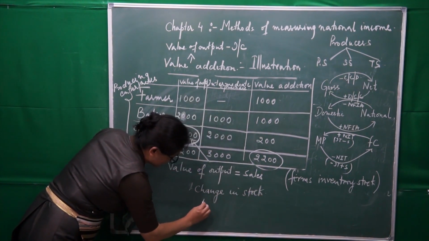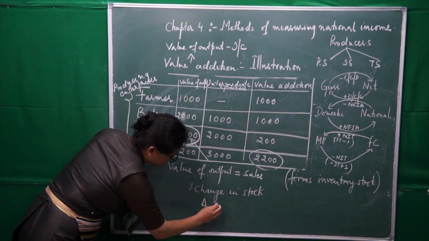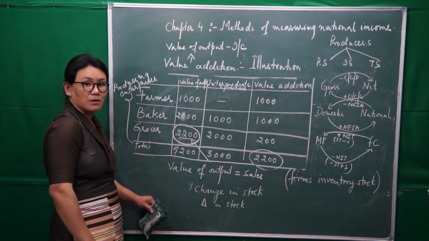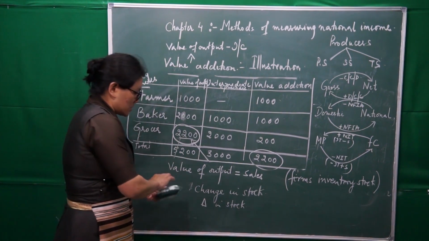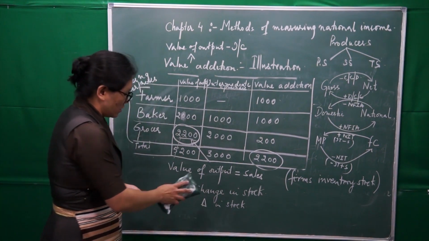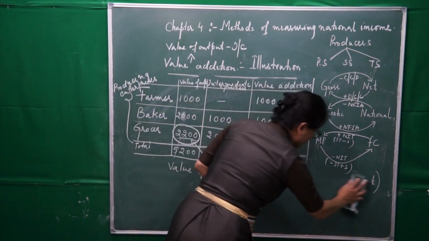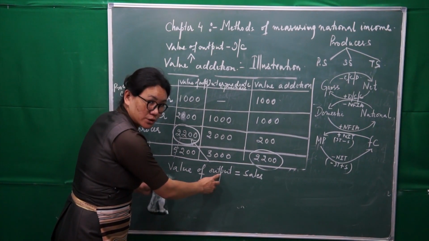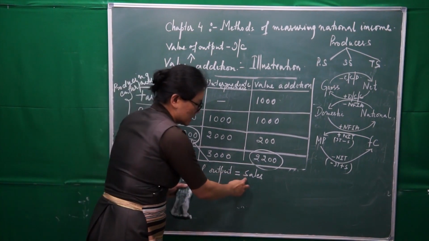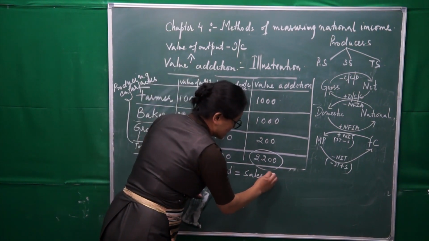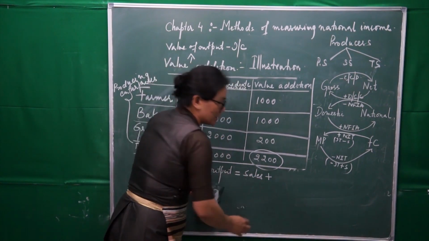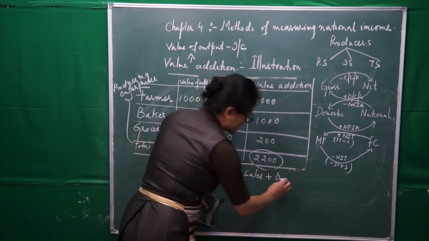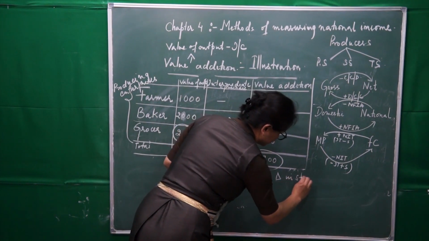We usually write like this: change in stock. So value of output, if it is sold, then it will be equal to sales. If it remains unsold, then it will be added to the firm's inventory stock, which is the change in stock.